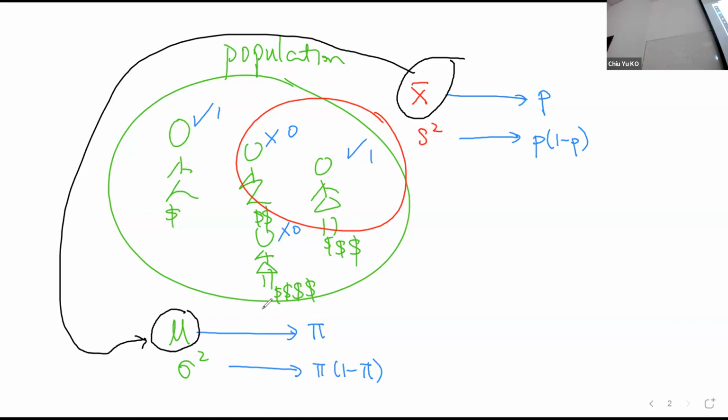Is that clear? Let me repeat the statement. What hypothesizing is: we have some statement, a hypothesis, some idea on what mu or sigma or other things should be. In the accounting context, the client claims something and you want to test it. Or in the law setup, in the UK system, the defendant is innocent, and you want to prove whether they are guilty or not, as a prosecutor.